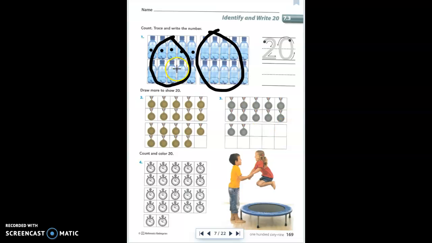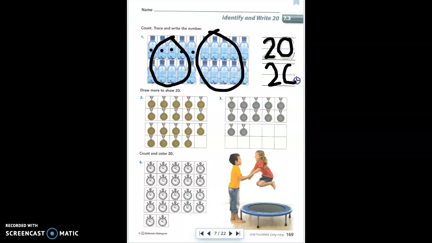That takes a long time to count all those. I don't need to do that. I know that I have two full sets of 10, so I'm going to count by 10. So I have 10, 20. 20 is represented by a 2 in the tens place, and there's no extras, so I have a 0 in the ones place. Okay? Trace number 20, and then try and write it again on the line.